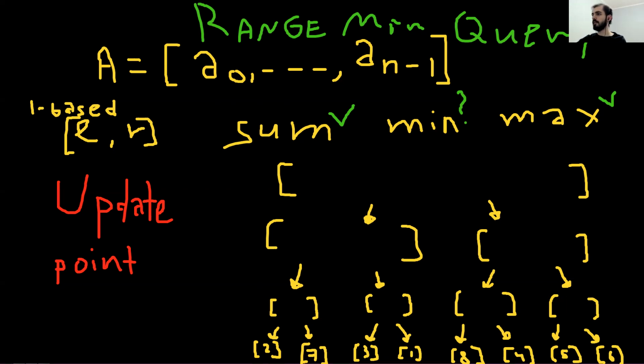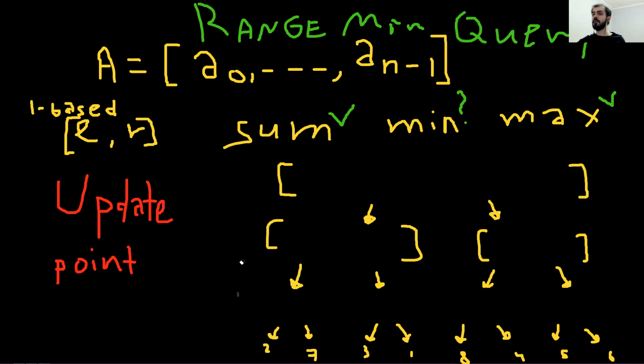So when we build the segment tree, we only initialize this layer. And then we say this segment only needs to know the minimum on it. Let me actually make them not segments, but actual values, so that it makes more sense. So we only store values that will be queried for.